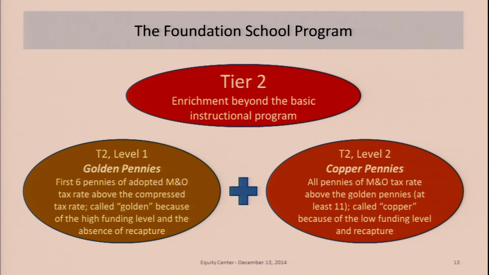So on top of that, you have Tier 2, which is an enrichment beyond the basic instructional program. And keeping in style with what we've done in the earlier levels, Tier 2 breaks down into 2 levels as well. The first level is called the Golden Penny level, or Tier 2 Level 1.